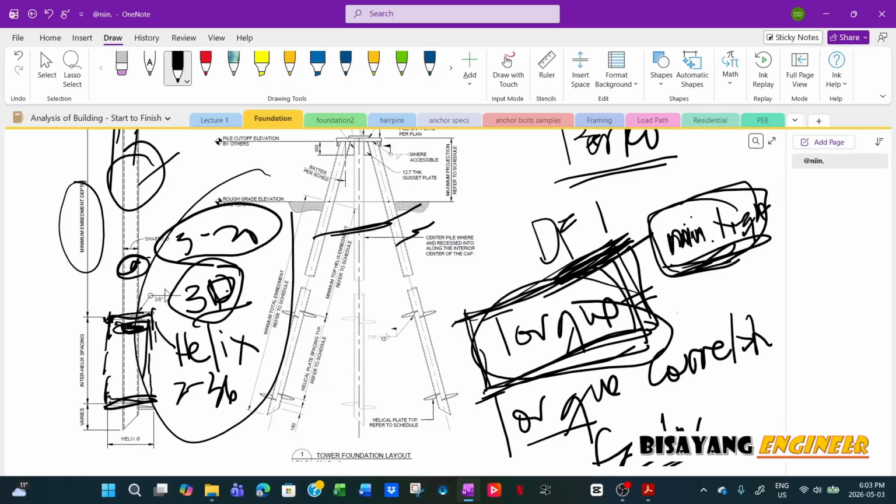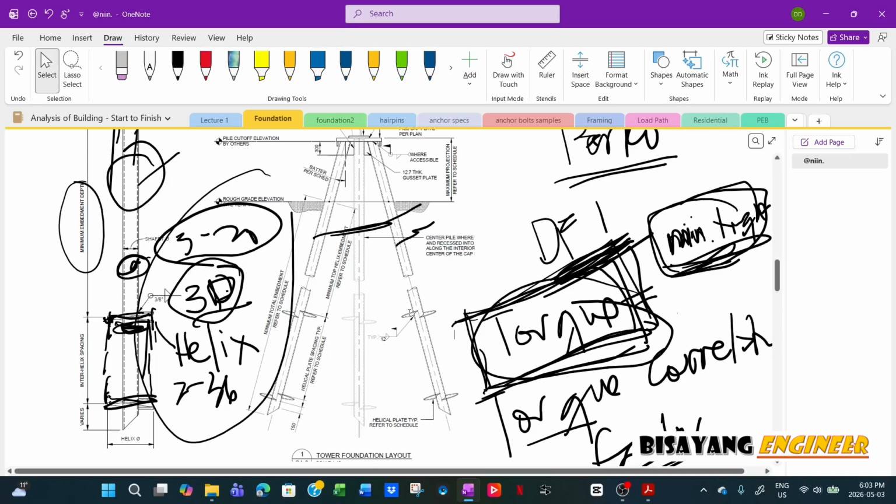So it's an ongoing process. When I learned that the new manual changed, I had to update my calculation as well to reflect the latest correlation factor.